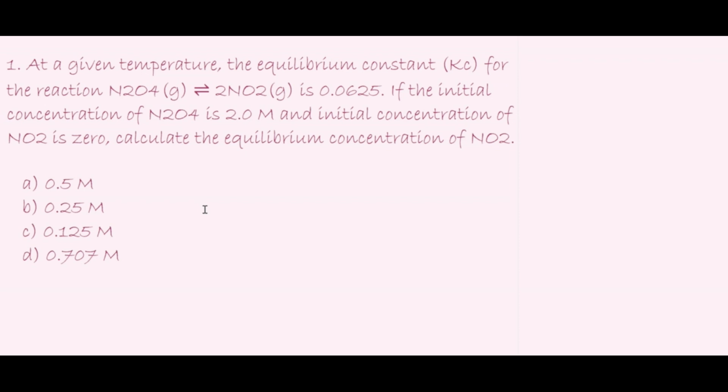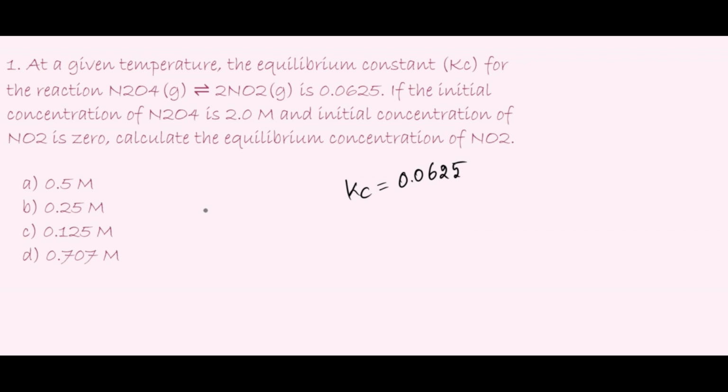The first question is talking about, at a given temperature, the equilibrium constant for the reaction N2O4 gives NO2 is 0.0625. If the initial concentration of N2O4 is 2 molar and the initial concentration of NO2 is 0, calculate the equilibrium concentration of NO2.